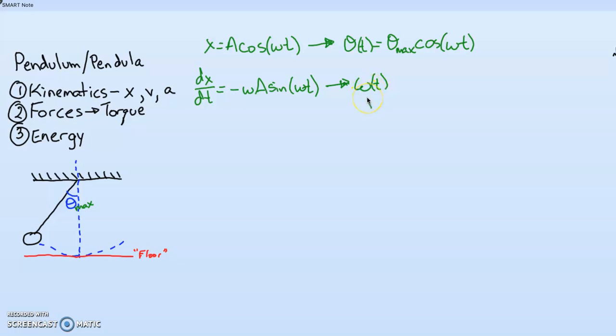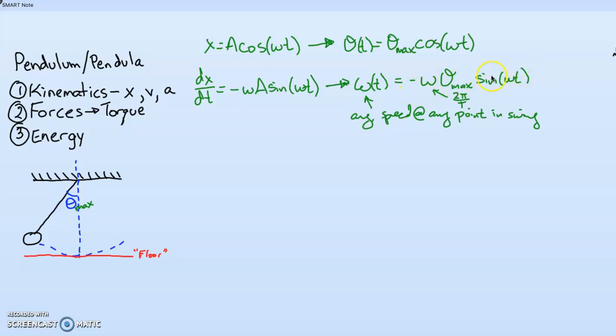This omega, angular speed at any point in swing, is different than this omega on the other side of the equal sign, that guy, which is 2 pi over the period, which is how often it goes through that swing.